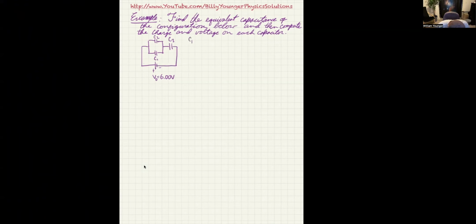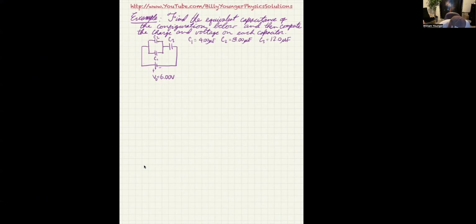And I'm going to say C1 is equal to, let's say, 4.00 microfarads. Let's say C2 is 8.00 microfarads. And let's say C3 is, let's say, 12.0 microfarads. Okay.